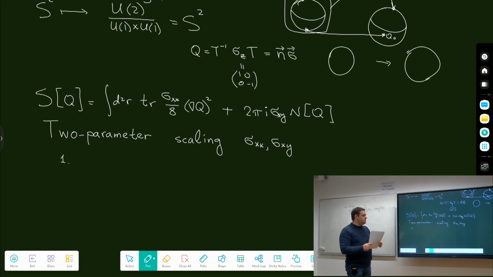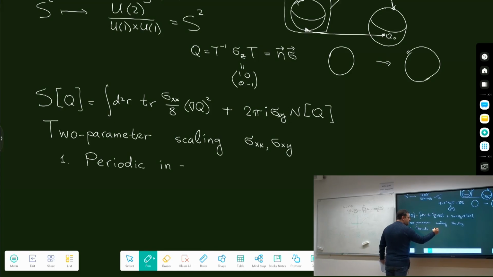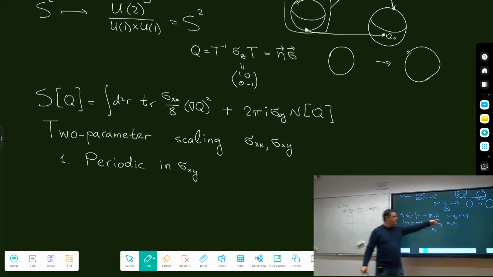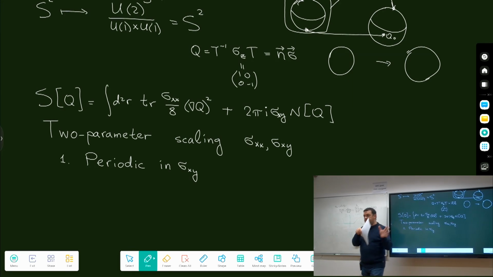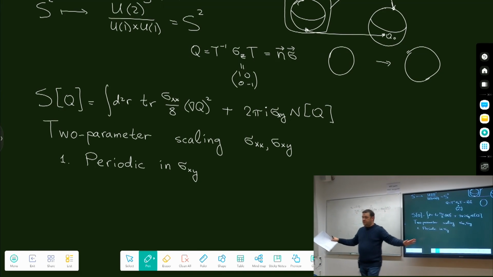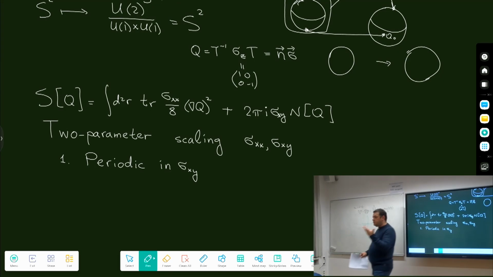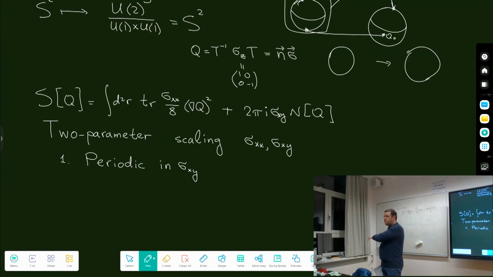this two-parameter scaling law should be periodic in sigma xy. If I add any integer number to sigma xy, changing sigma xy to sigma xy plus 1, there are no consequences, because it will add to my action only 2 pi i times an integer number, and the action stays in the exponent.